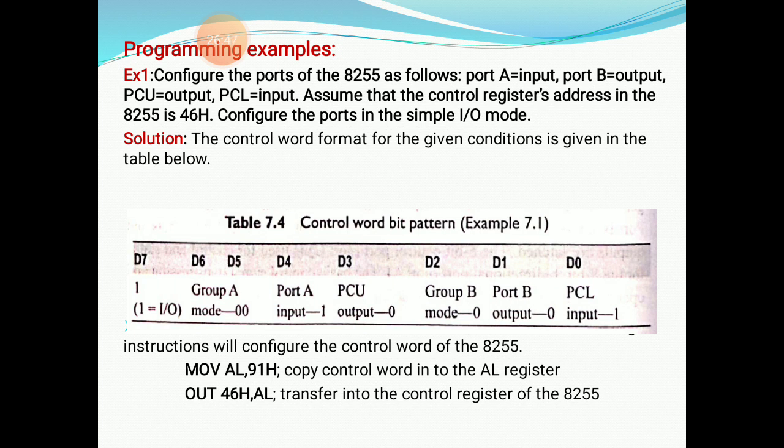From the AL register, the control word is sent by the OUT instruction to the port address of the control word register. MOV AL, 91H copies the control word 91H into the AL register. OUT 46H, AL copies the control word from the AL register to the port address 46H.